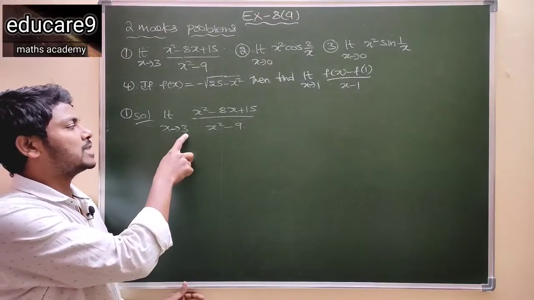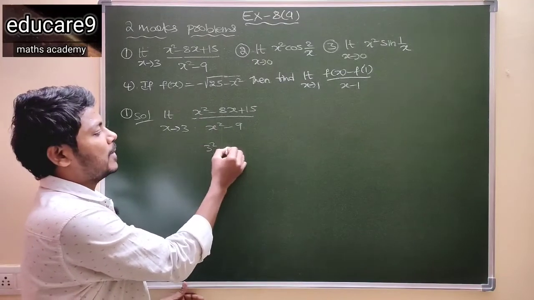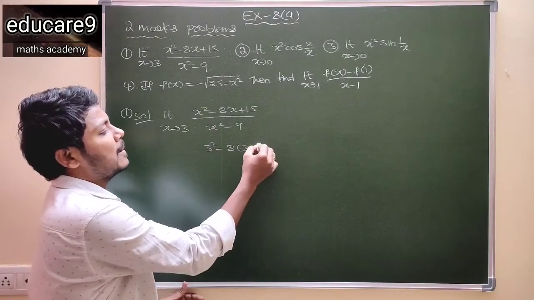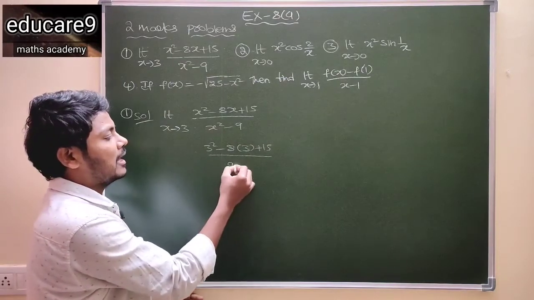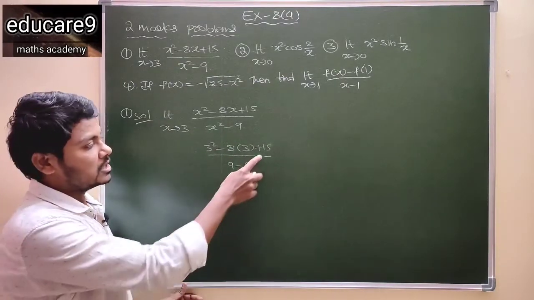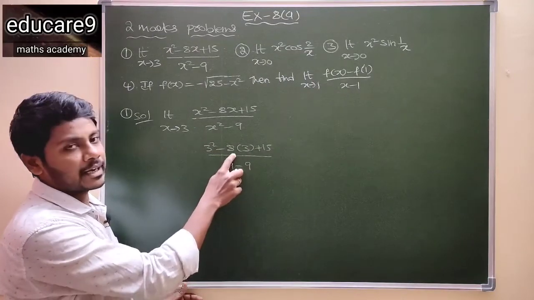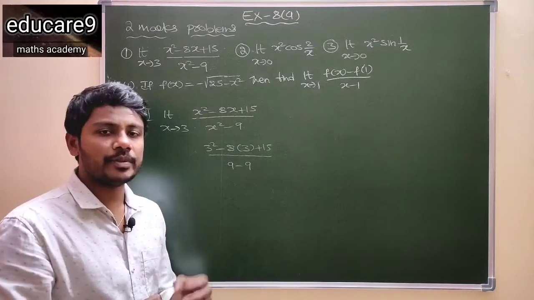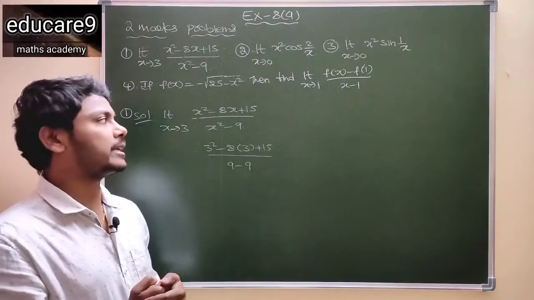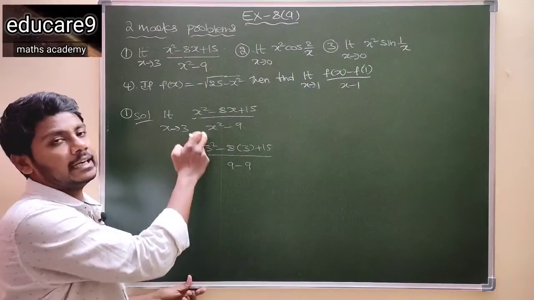If you substitute x equals 3, you get 3 square minus 8 into 3 plus 15, divided by 3 square minus 9. This is 9 plus 15 is 24, minus 24 is 0. The denominator is also 0, so clearly it is 0 by 0 form, an indeterminate form. In that case we have to factorize the numerator and denominator.